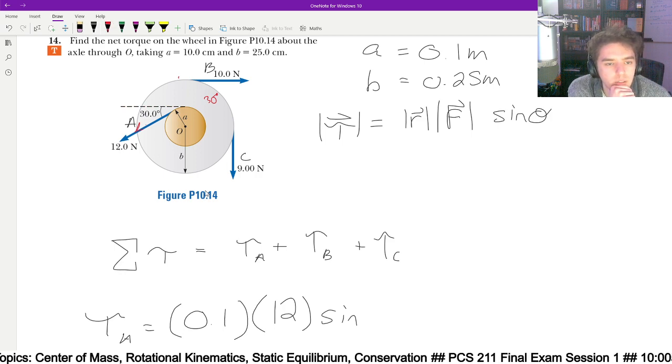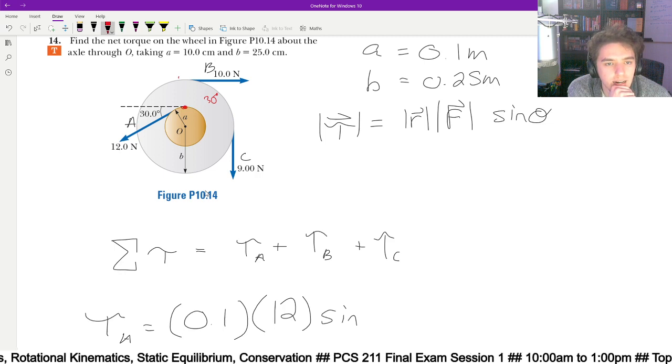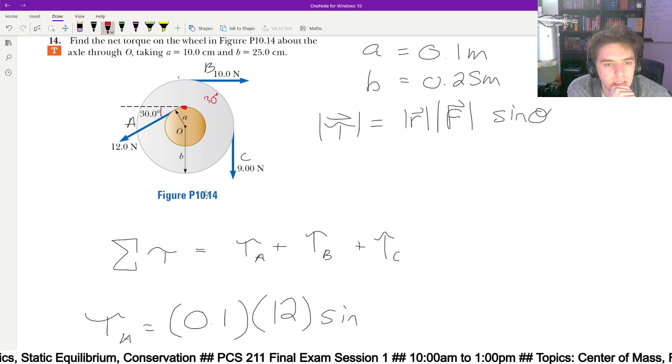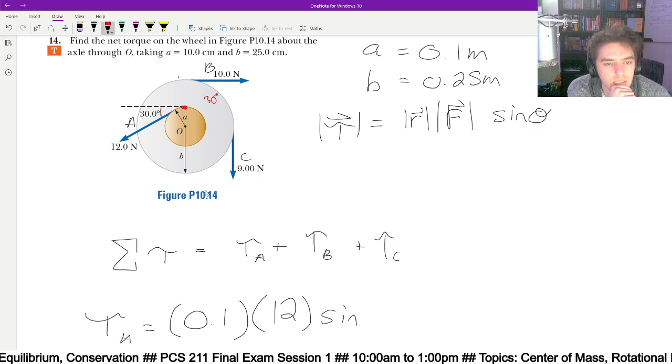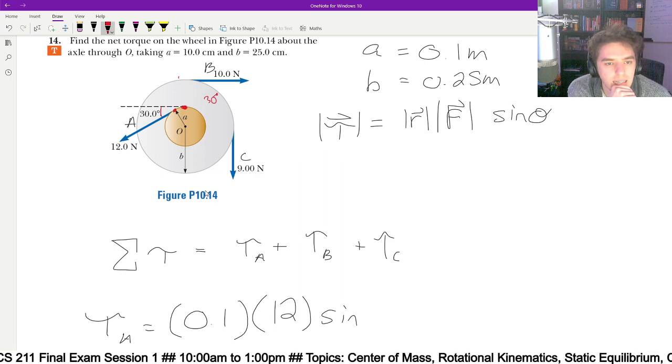But I think when you say that, you're still assuming that the force is acting right there. Then the angle is 30, if the angle was still up there, right? I think you're right. I think the angle's 90.